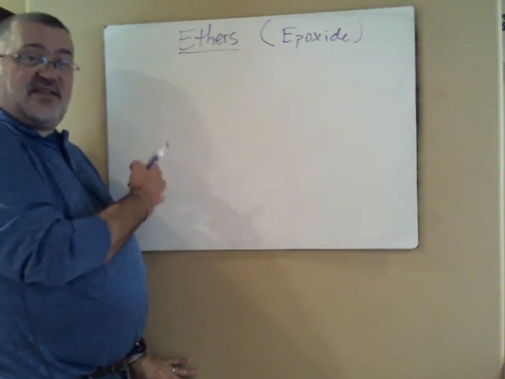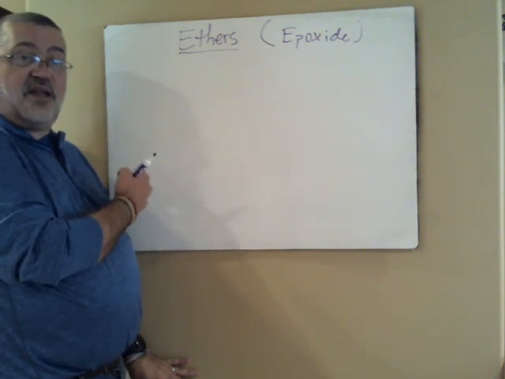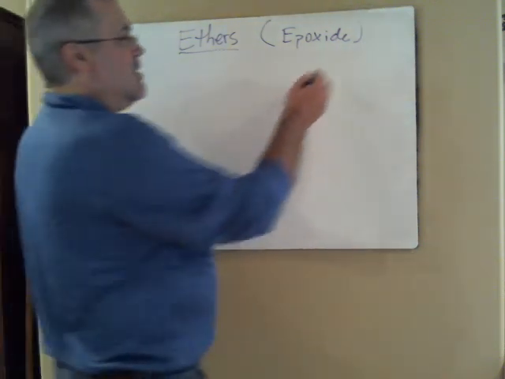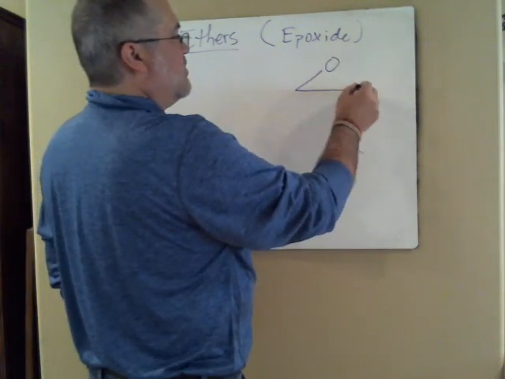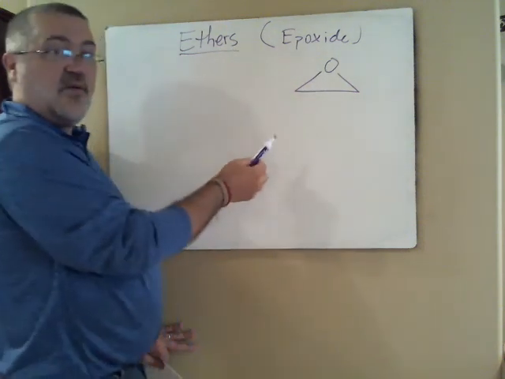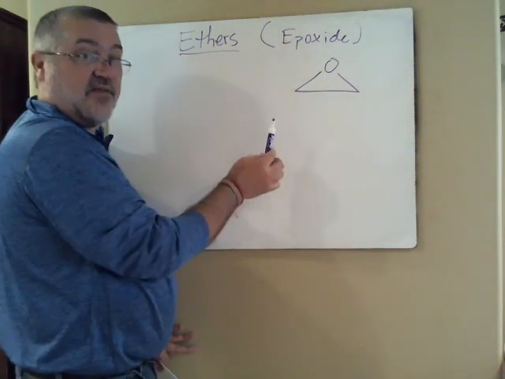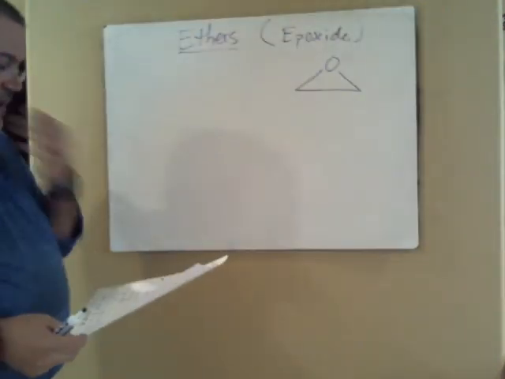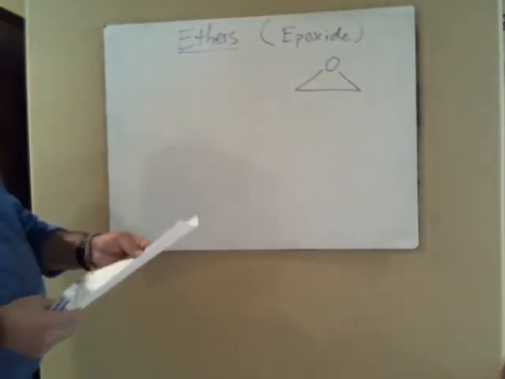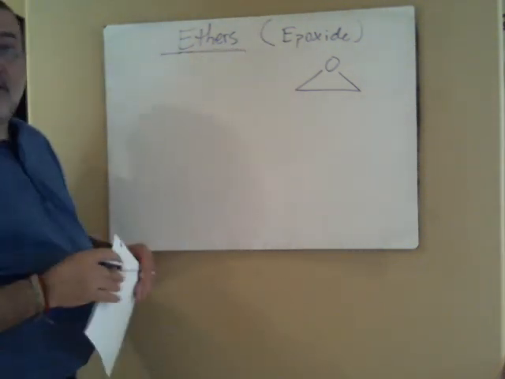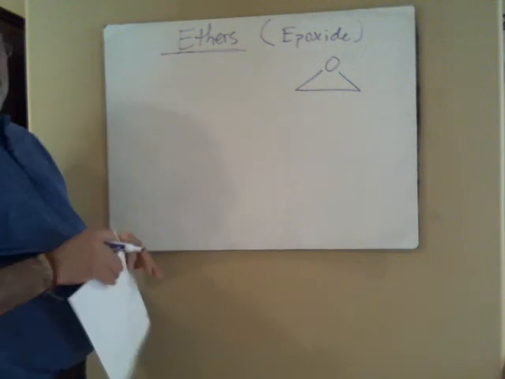Because their reactivity is a little different than ethers. They are an ether, but remember, an epoxide is a three-membered ring. You have the ether linkage in here, but these are more reactive than ethers because they're in a constrained three-membered ring.